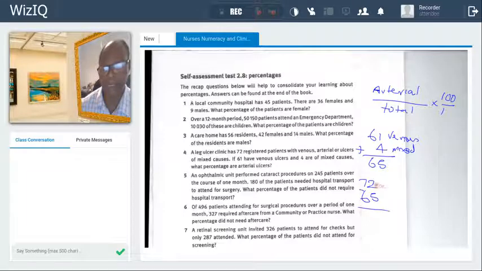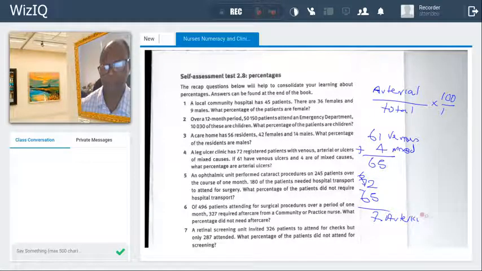Okay, all right. To take away 5, I can't. So I have to borrow 1 from here. And then obviously I cancel and I put 6 because I've taken 1. That 1 becomes 10. 10 plus 2 is going to be 12. And 12 take away 5 is going to be 7. So 7 are the ones which are arterial. So these are arterial ulcers.